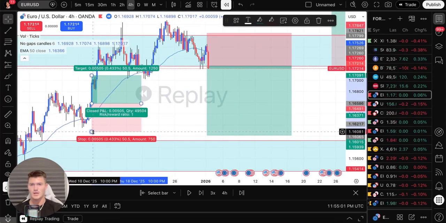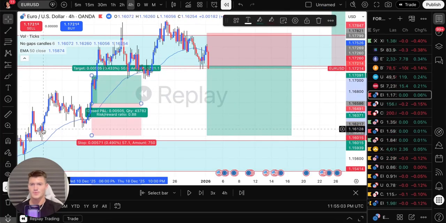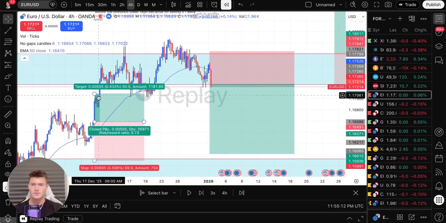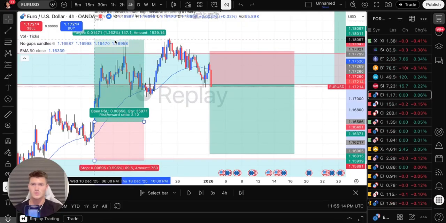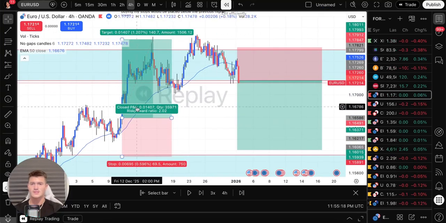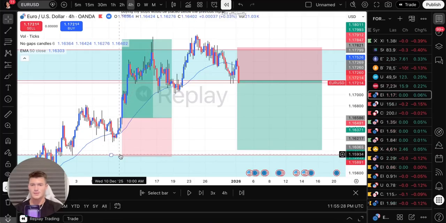We would put our stops below the previous lower high. It's our lower high and below those wicks. We target a 1 to 2, put us about right there. And that's if we're buying. Put your stops below the higher low and below the wicks.